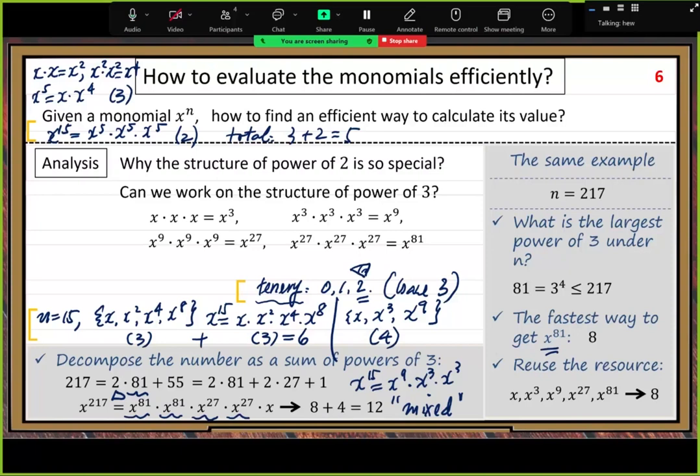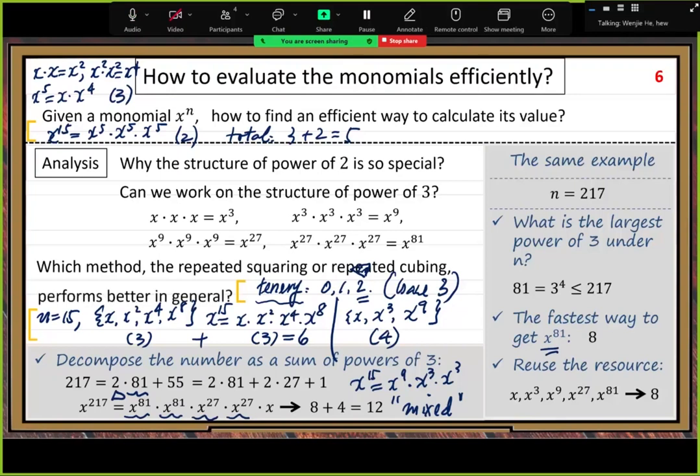So this topic, I can create an optional project, if you want to try: how to mix repeated squaring and repeated cubing to get a minimum number of multiplications to calculate a monomial. Not very easy, but very interesting. You can think about it. All right, I need to move on. So here I finish.